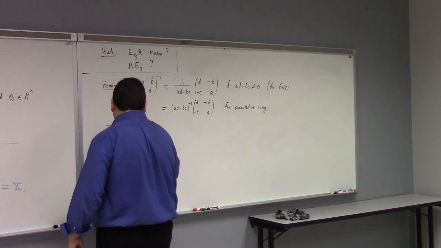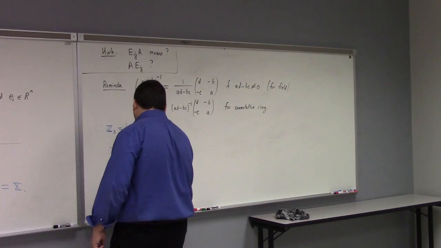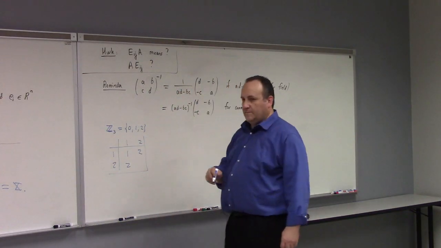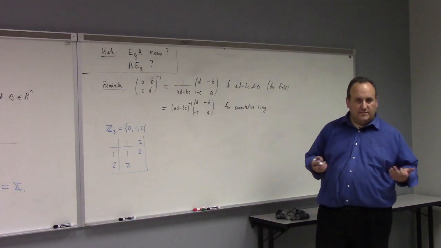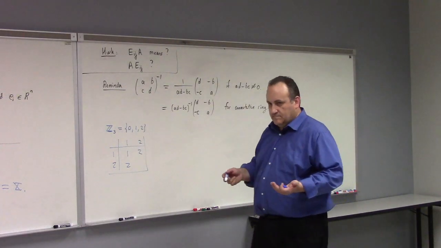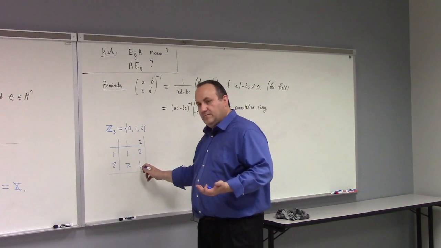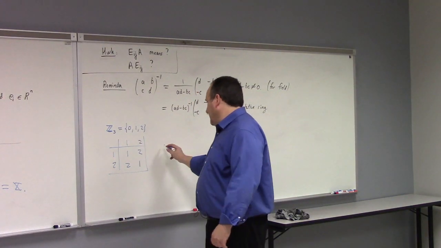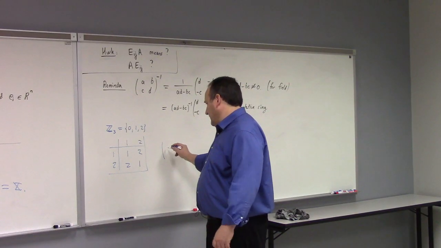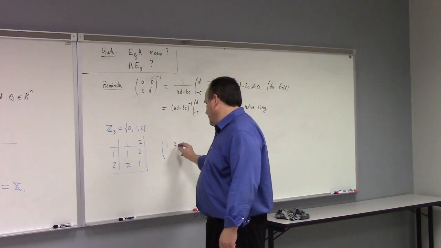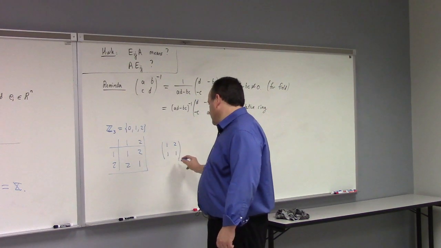Two times 2 is 4, but mod 3, 4 is equal to 1.